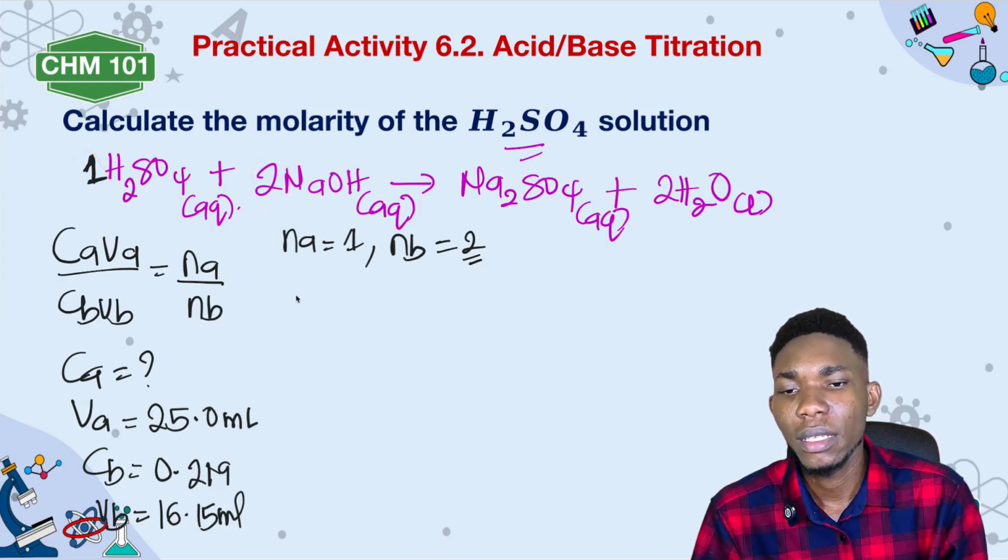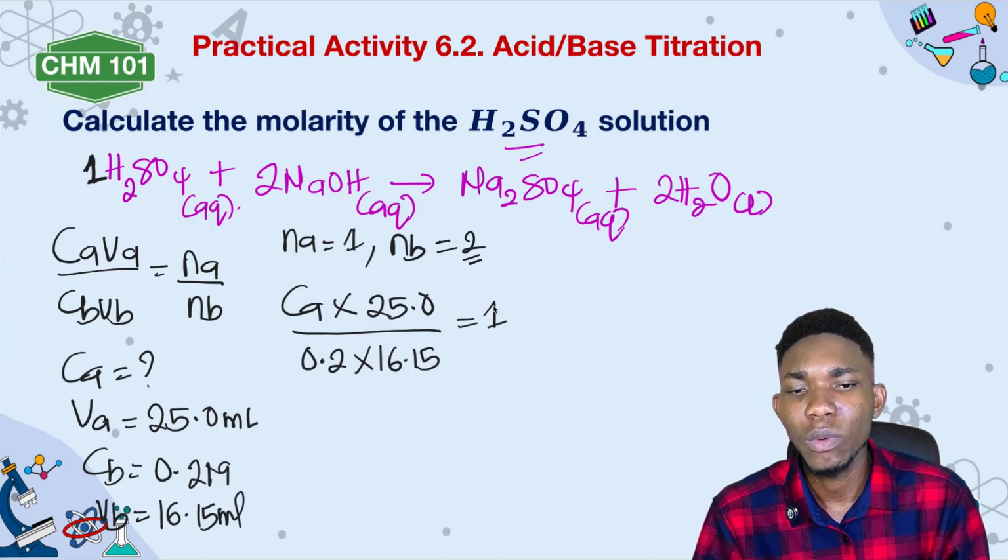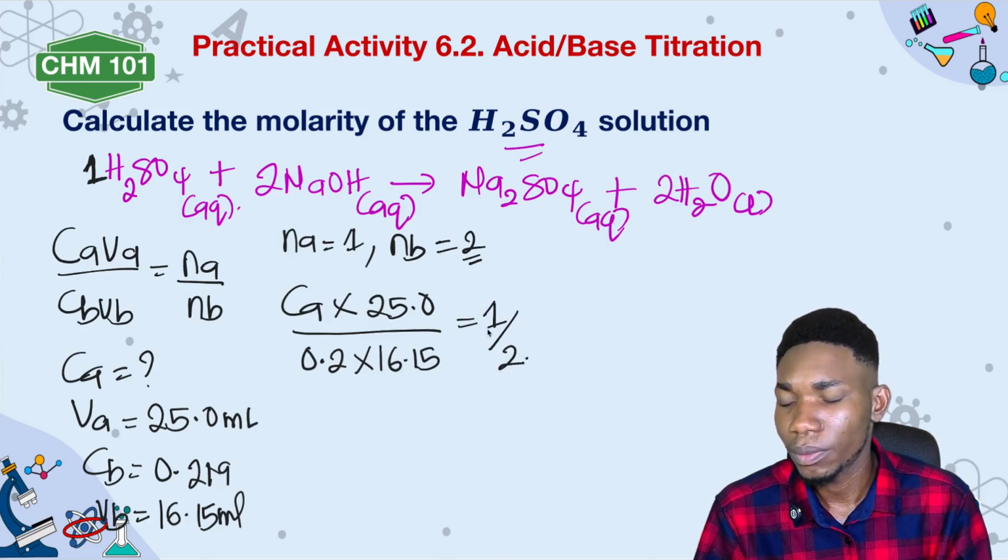So Ca is what we are calculating. Va is 25.0, Cb is 0.2, Vb is 16.15, equals Na is 1, Nb is 2.